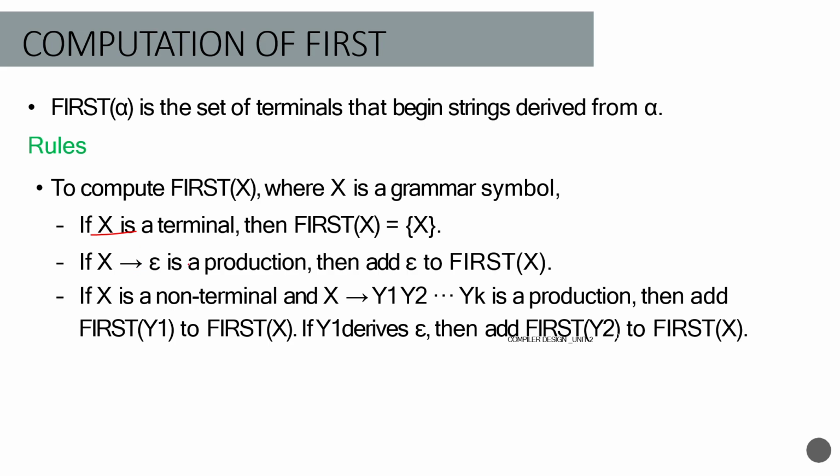If X tends to epsilon is a production, then add epsilon to the FIRST of X. Suppose X is a non-terminal and has a production in this form, X tends to Y1, Y2 up to Yk. Then add FIRST of Y1. Whatever the FIRST of Y1 is, we need to add to FIRST of X. Suppose Y1 is a non-terminal, then we need to go to that particular non-terminal and find the FIRST of that non-terminal.